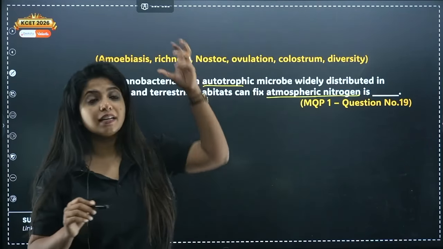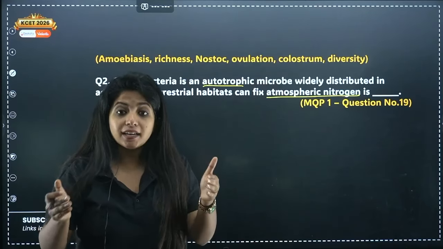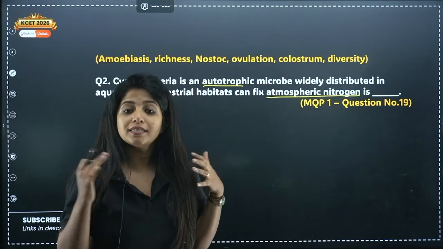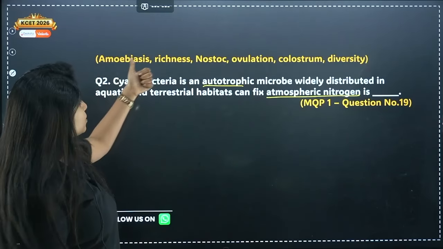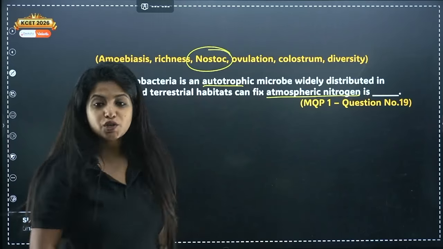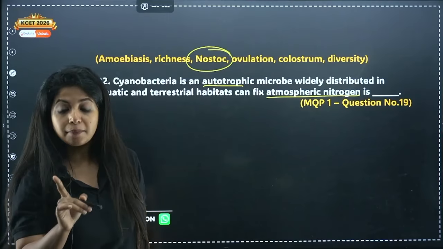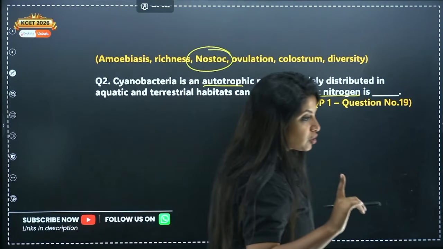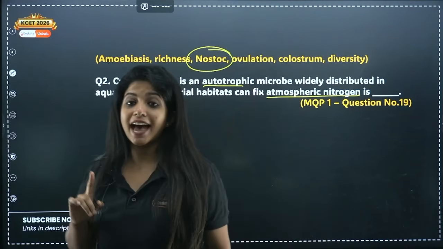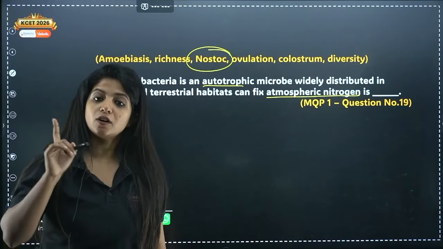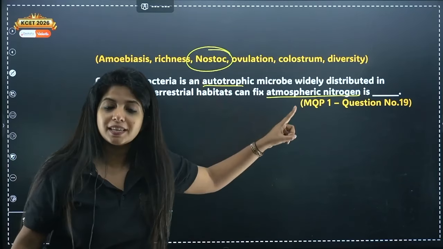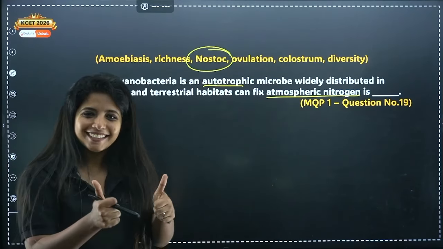That means it can take the atmospheric nitrogen and make it into different forms such that the plants can easily use it. So what is that cyanobacterium? You have Amoebiasis, Richness, Nostoc, Ovulation, Colostrum and Diversity. Your answer is Nostoc. Remember, you have 3 examples given in your NCERT. One is Nostoc, the other one is Oscillatoria, and the third one is Anabaena. So Nostoc, Anabaena and Oscillatoria, 3 of them are cyanobacteria, and 3 of them are responsible for fixing the nitrogen. Okay, cool?